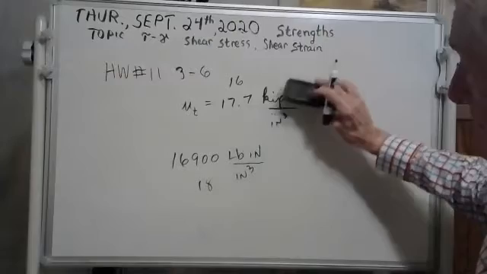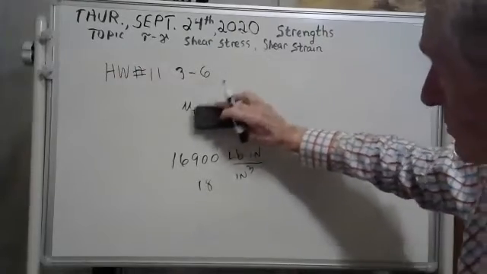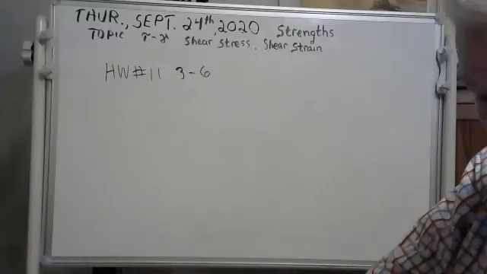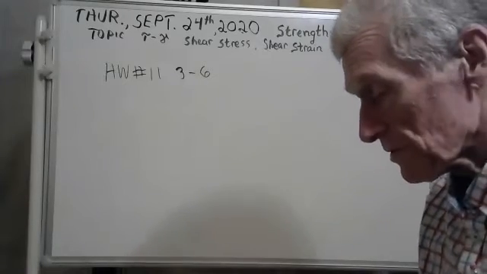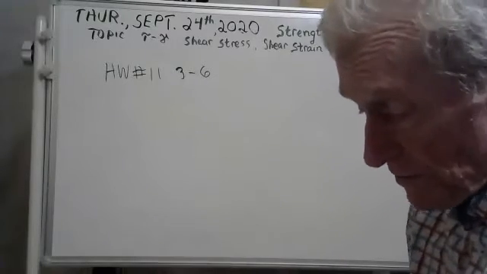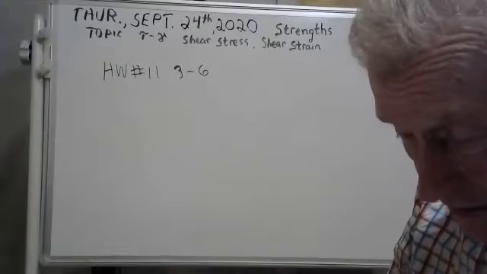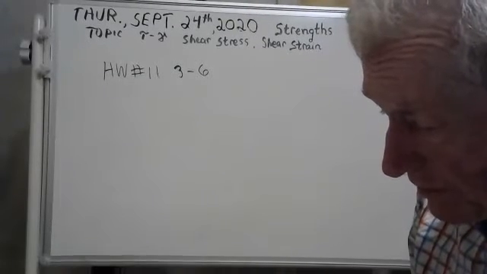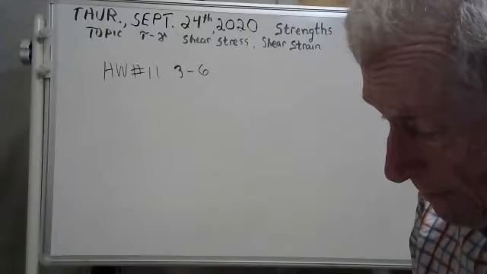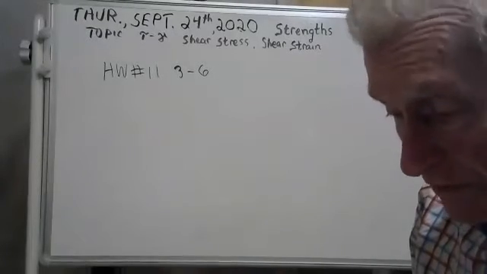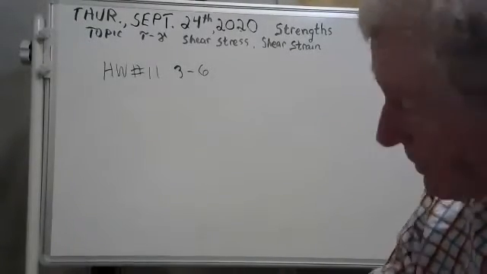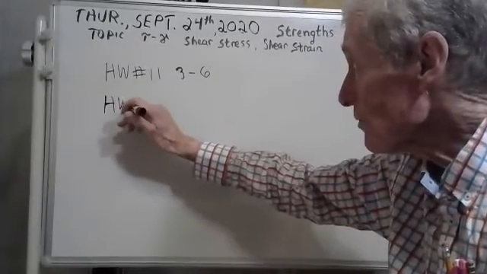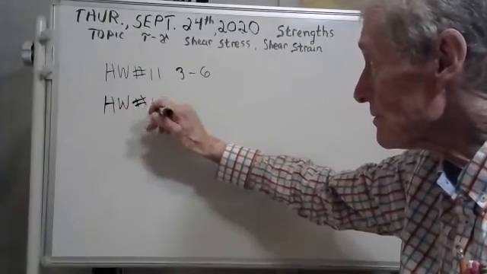That's just what I got. Don't worry about that if you got something different. What that was is the modulus of toughness. That's the energy per volume that your specimen can take all the way up to fracture.